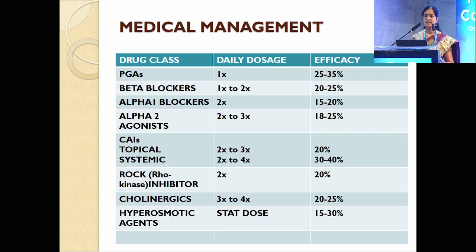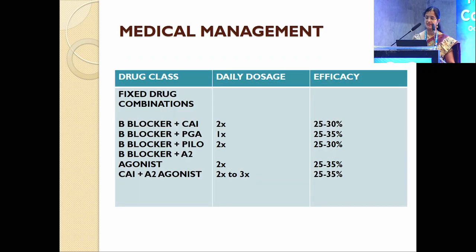We have all these kinds of medications available in the market now: prostaglandin analogs, beta blockers, alpha agonists, carbonic anhydrase inhibitors, cholinergics, hyperosmotic agents, and most importantly, fixed drug combinations. After the advent of fixed drug combinations, it has become very easy for the patient to administer them, and even for the ophthalmologist to prescribe medication; there is more adherence to the medication after fixed drug combinations have come in.